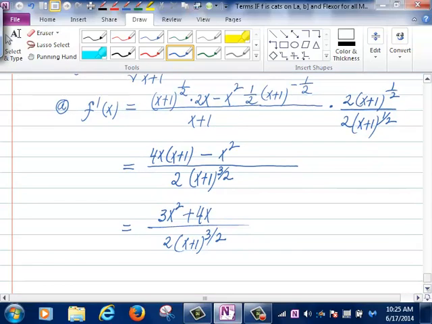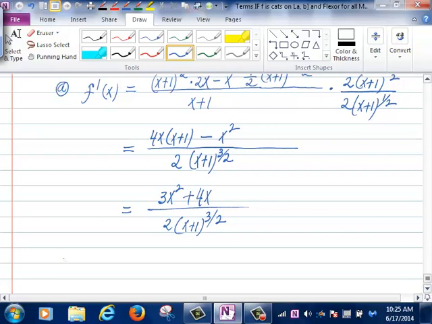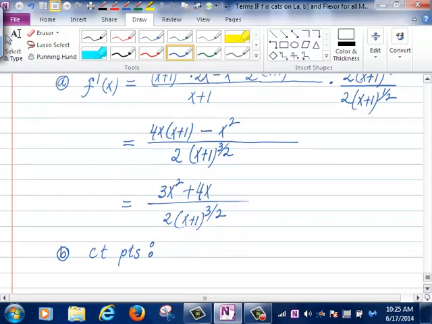So once I compute the derivative, then I have to find the critical points, right? So part B would be find the critical points. And how do I compute the critical points?